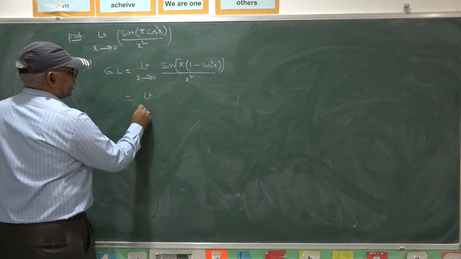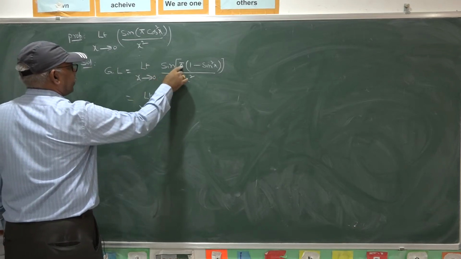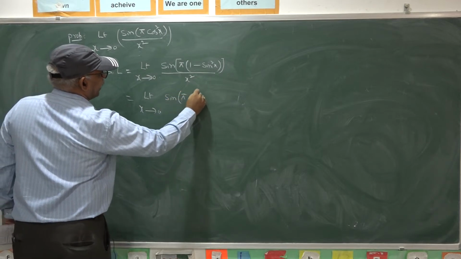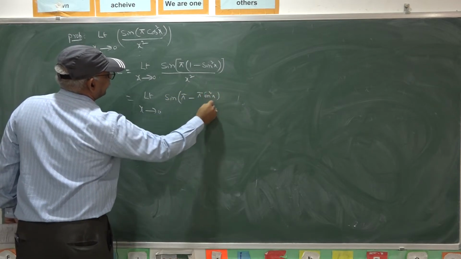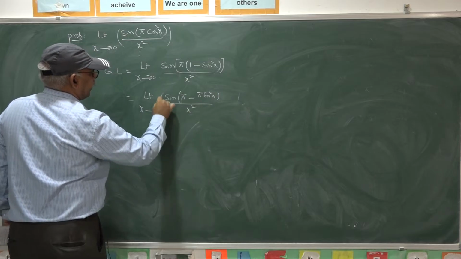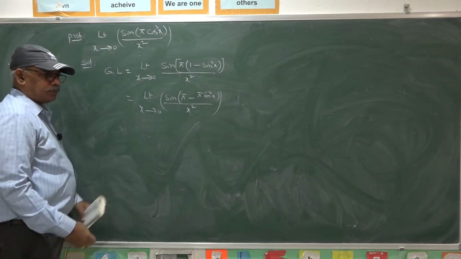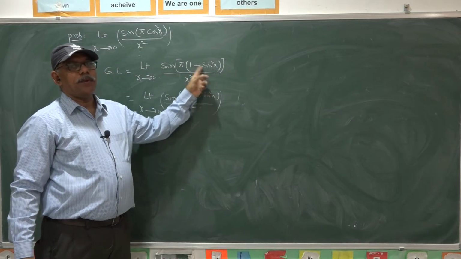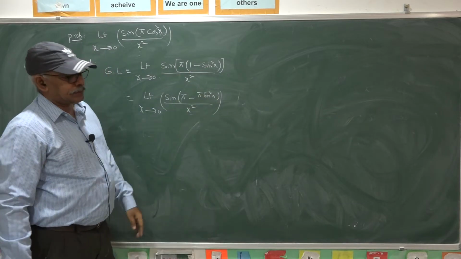Now, this is limit as x goes to 0, sine of (pi minus pi sine square x) by x square. Pi into 1 gives us pi, and pi into sine square x, pi sine square x.